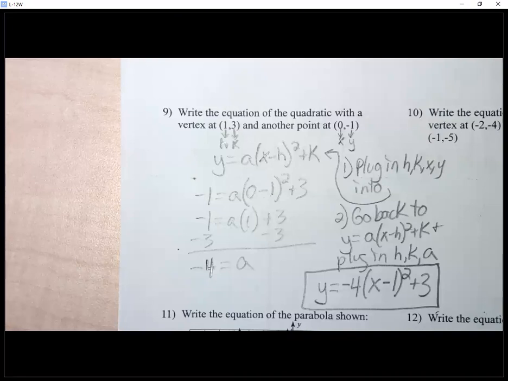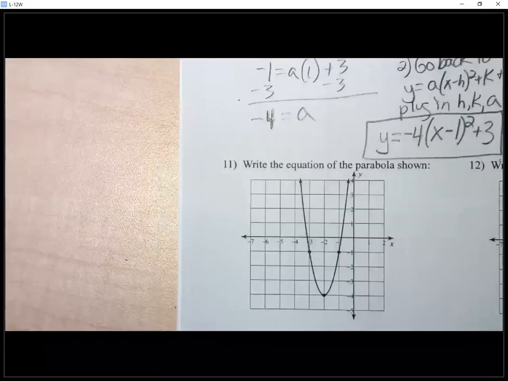Now, if we take a look at number 11, 11 is actually even easier because they give us a picture. They want us to do the same thing, but you know what A is just by looking at the picture. What must A be? Look at 11. You already know what A is. Someone tell me. 3.